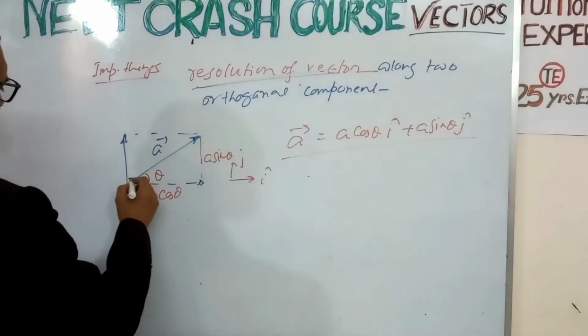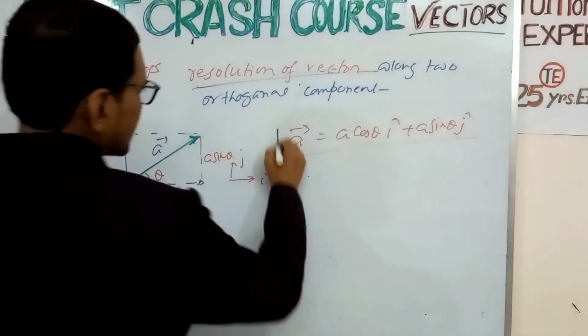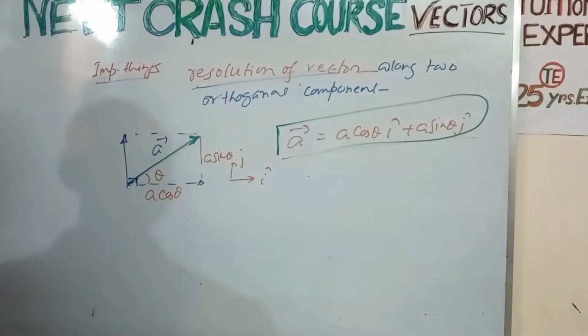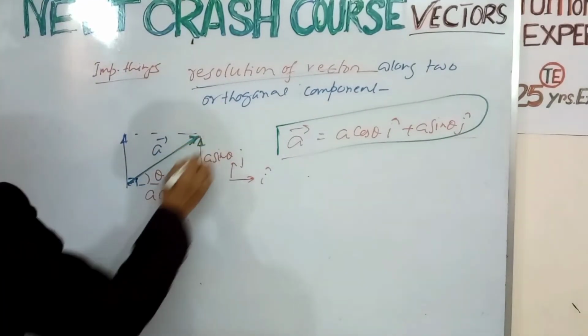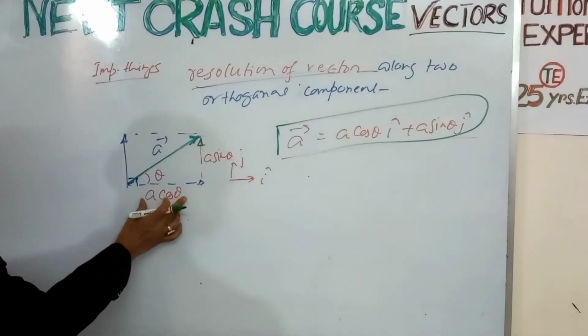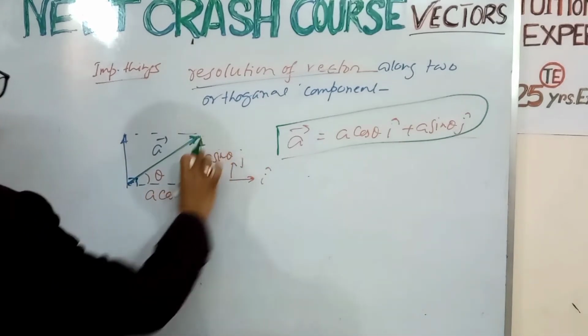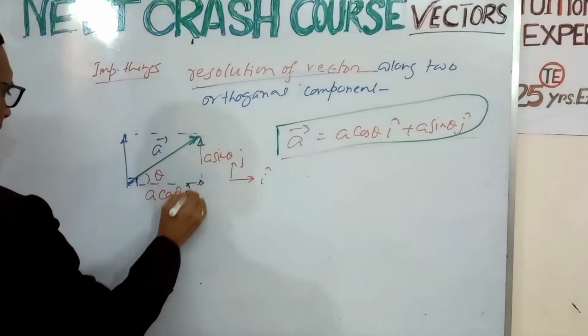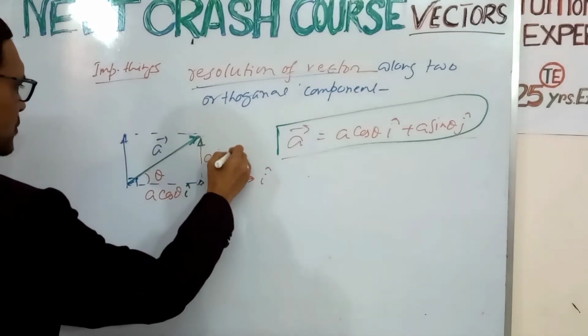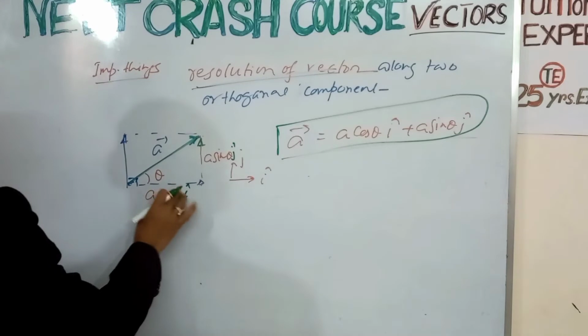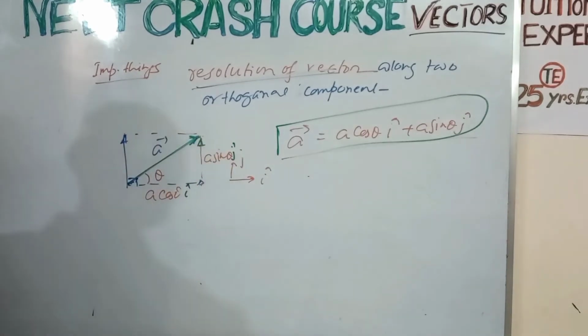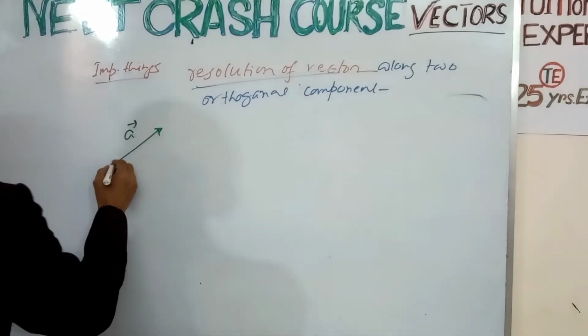From the triangle rule, this side is magnitude A cos theta and this side is magnitude A sin theta. If we put here I, we get this vector, and if we put here J, then this vector; this plus this equals this.